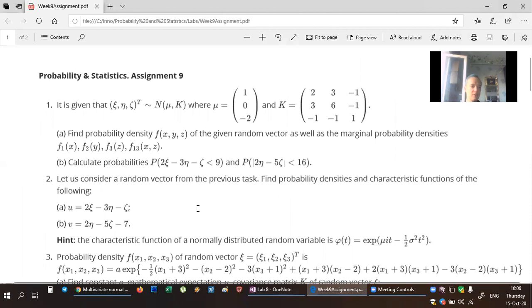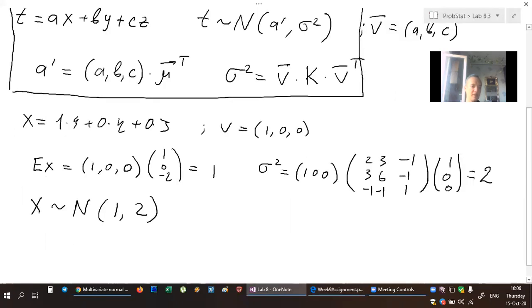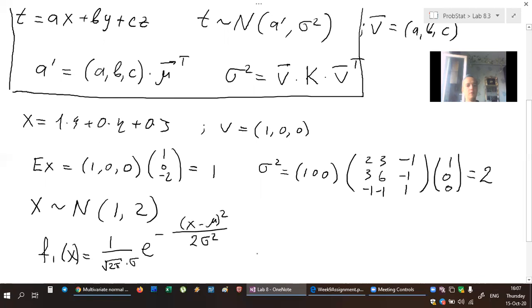The question is to find the probability density function. So what will the probability density function be in this case? It's equal to 1 divided by the square root of 2 pi multiplied by sigma, e to the power of minus (x minus mu) squared divided by 2 sigma squared.